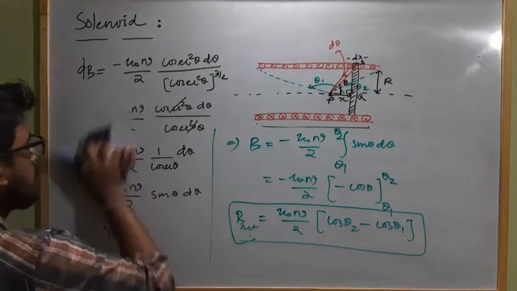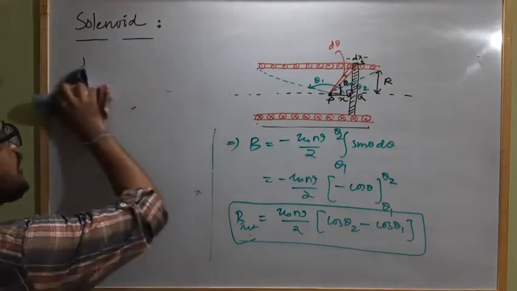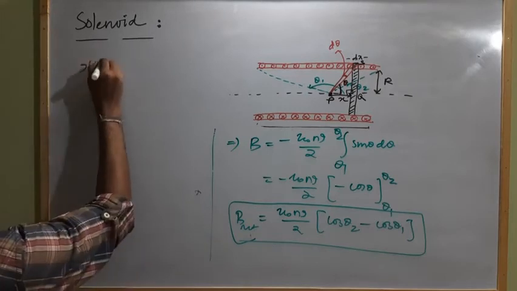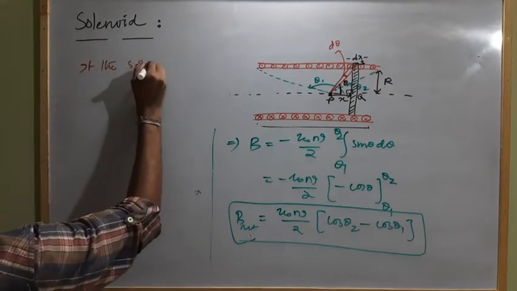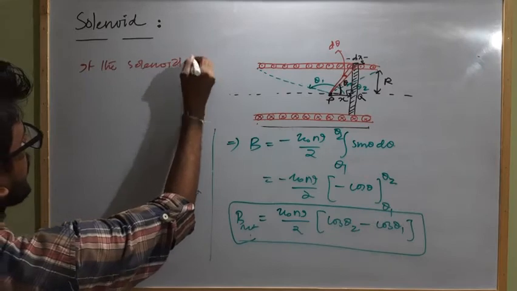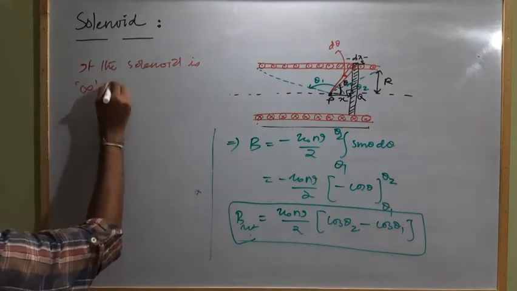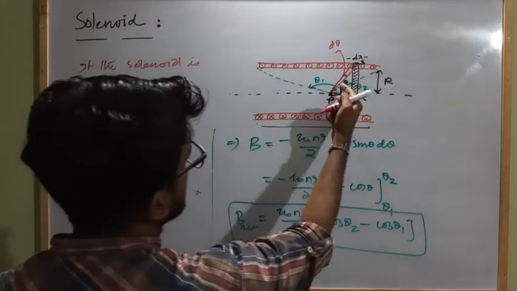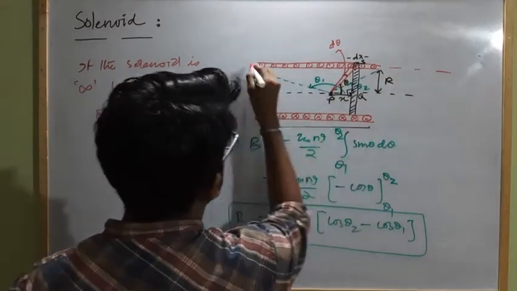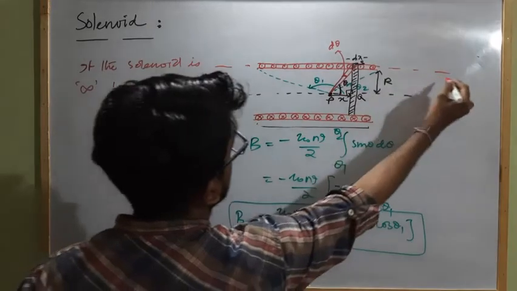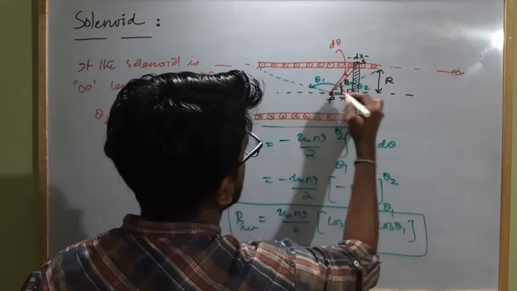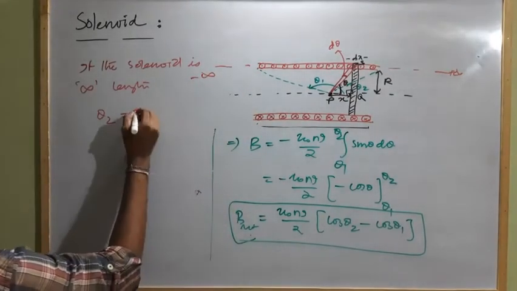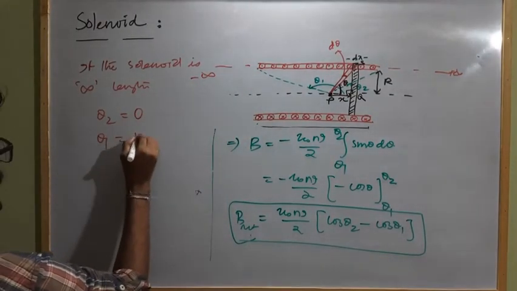You can remember, if the solenoid is of infinite length, then what will theta 2 be? If this is extended to infinity along both sides, minus infinity to plus infinity, then theta 2 will become 0 and theta 1 will be 180.